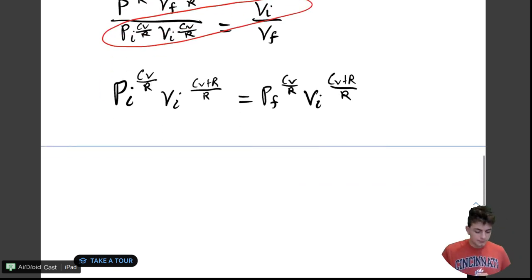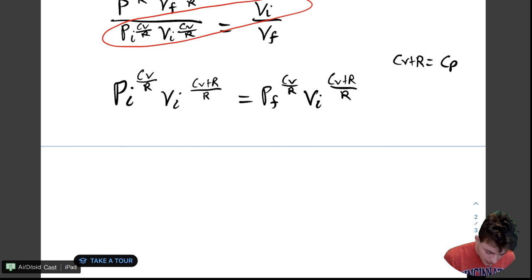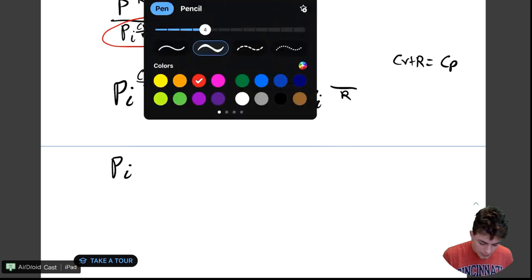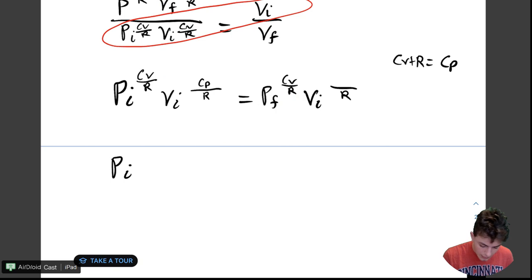And then, from the definition of enthalpy, we have that the specific heat at constant volume plus the gas constant is the specific heat at constant pressure. So, we can again rewrite this as follows. And you know what? I'm actually just going to rewrite this up here. There we are.